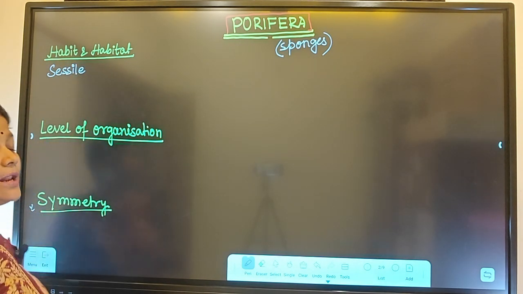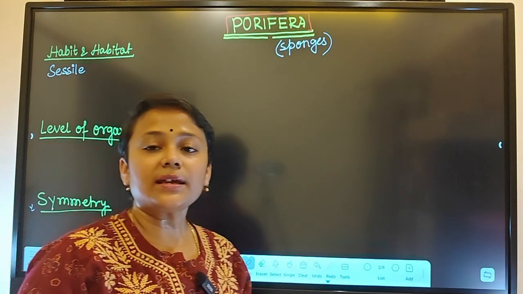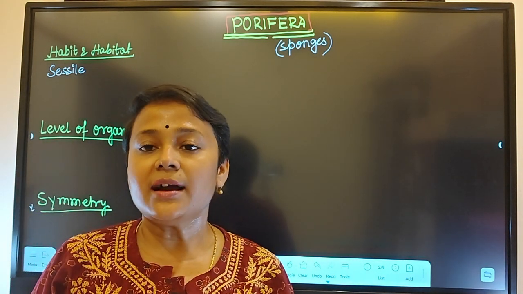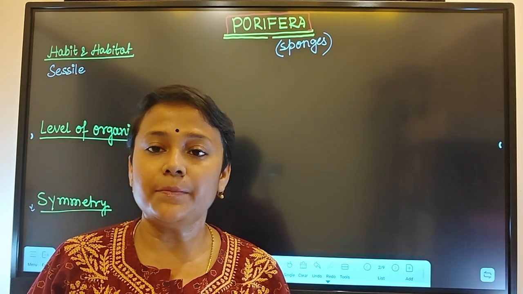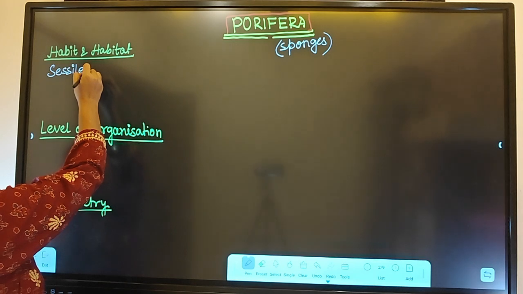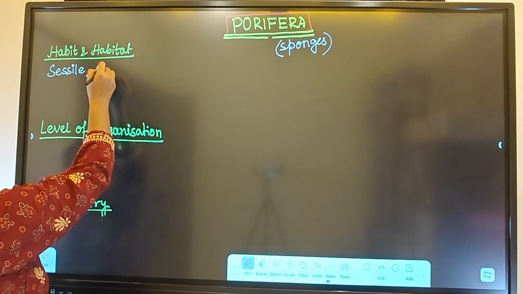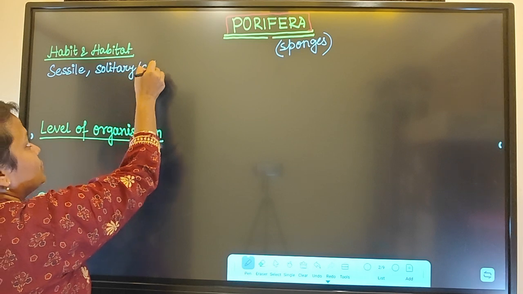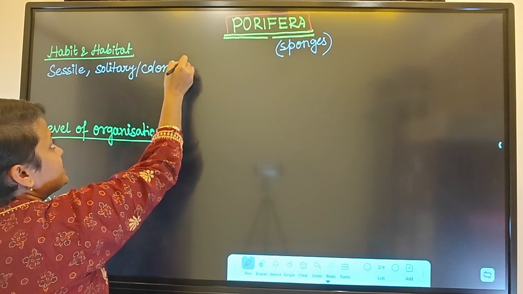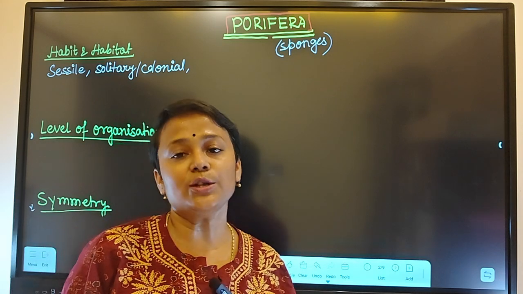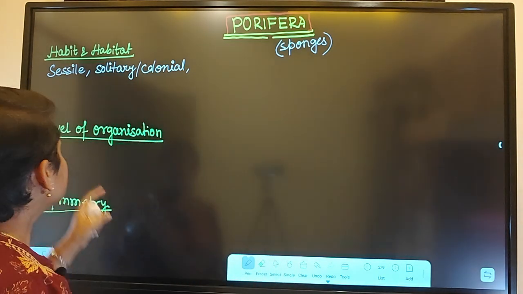Sessile means unlike other animals, they cannot move from one place to another. They stay fixed at a particular place. They are solitary or colonial, meaning they can live singly or in a group. So this is habit.